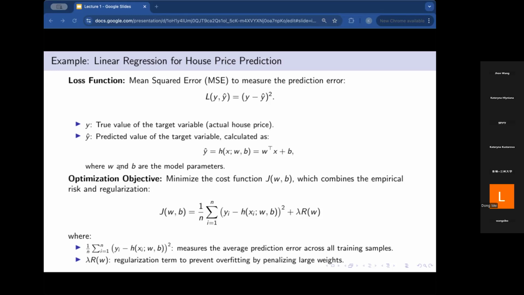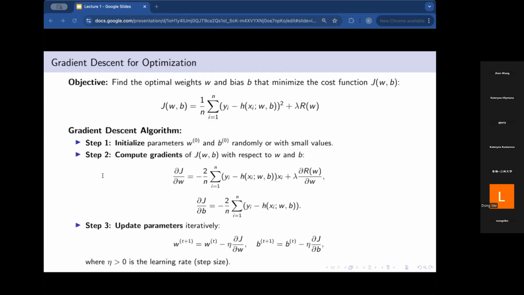In summary, our goal in linear regression is to learn the model parameters W and B that minimize the cost function, balancing both prediction accuracy and model simplicity. The objective here is to find the optimal weights W and a bias B that minimize the cost function J.